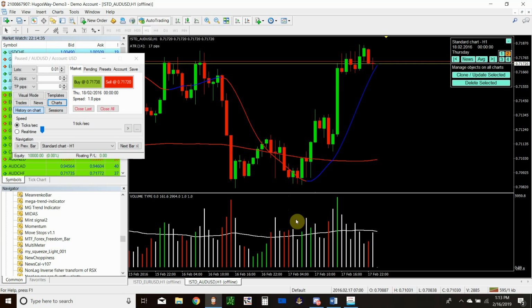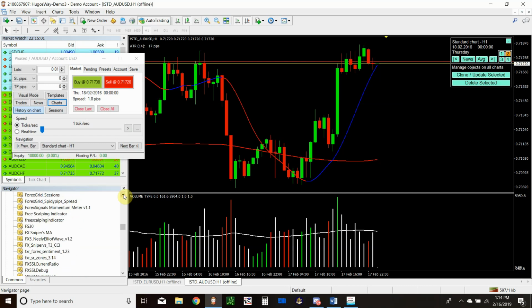Okay, so we've got that in. We've got a trend indicator. We've got our volume indicator right here. I like to add CCI as well for a confirmation indicator. So we're going to add the Nexus CCI because I like the way that one looks.